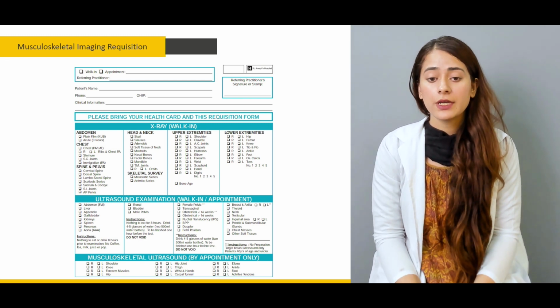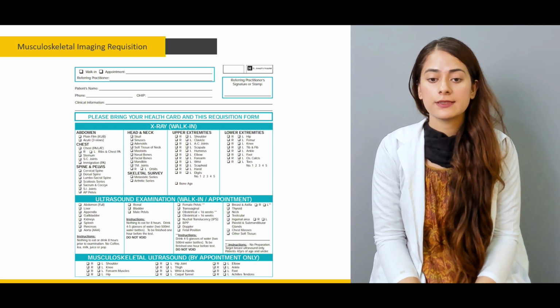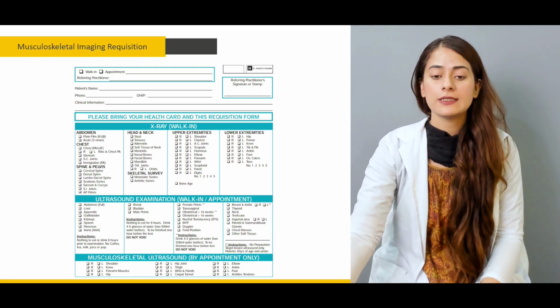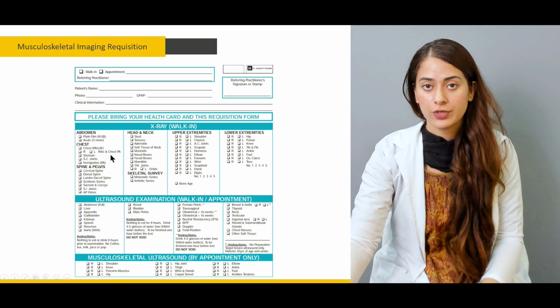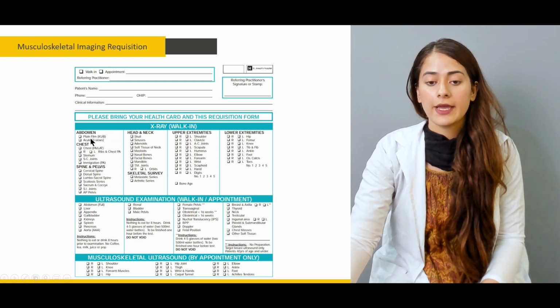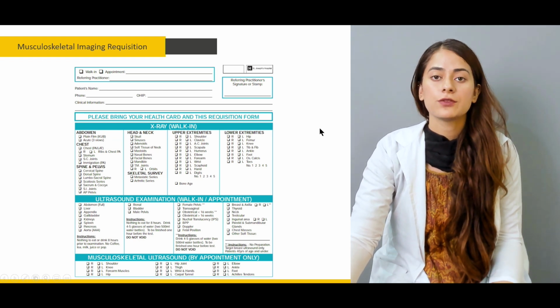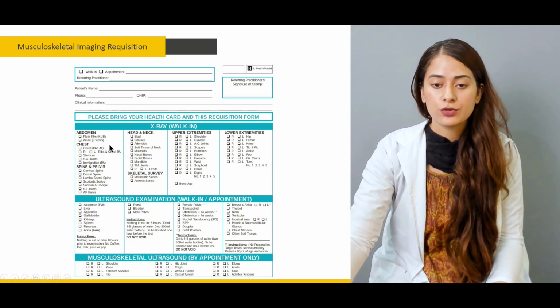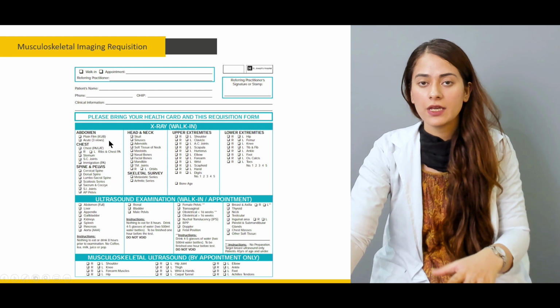For example, for the abdomen there is a KUB, which is the kidney, ureter, and bladder view. These structures can be viewed in a plain X-ray abdomen. And in acute conditions, there are three different views which are usually demanded: the AP, the PA, and the lateral view.